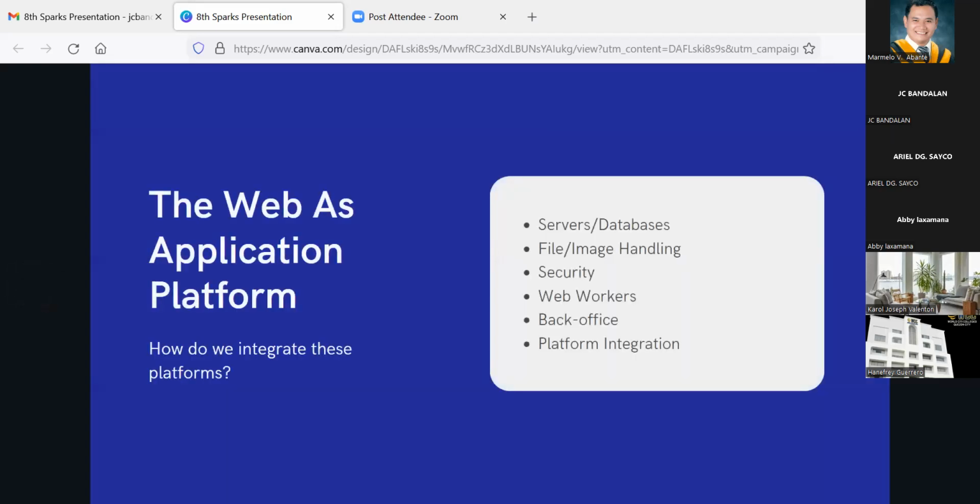So as for the web application platform, our company does integration of platforms. So we do have servers, databases, file image handling, security, web workers, back office, platform integration.